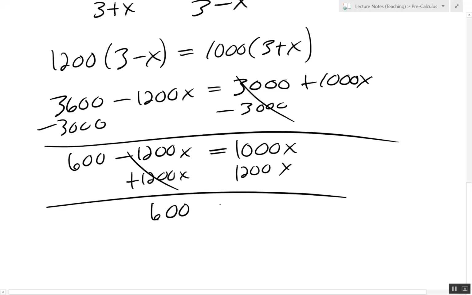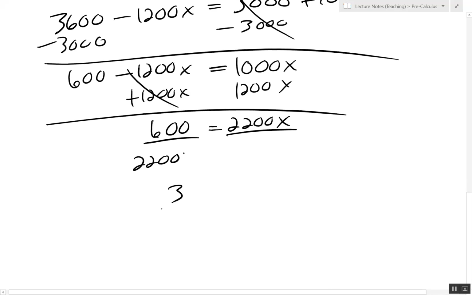We're left behind with 600 equals 2,200x, and we can divide both sides by 2,200. And this leaves us 3/11 equals x, and this is approximately 0.27 as a decimal, and then this is going to be meters per second for our units.